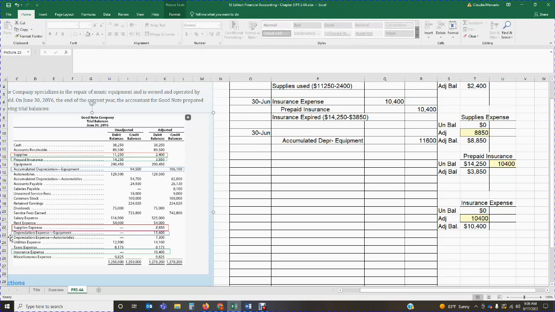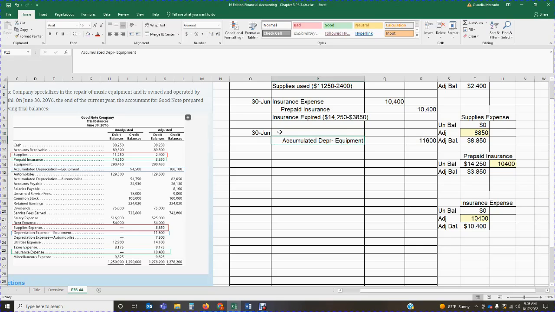In this account for this period, we started off with 0 and ended up with an 11,600 debit. That means this account, depreciation expense equipment, got debited 11,600.